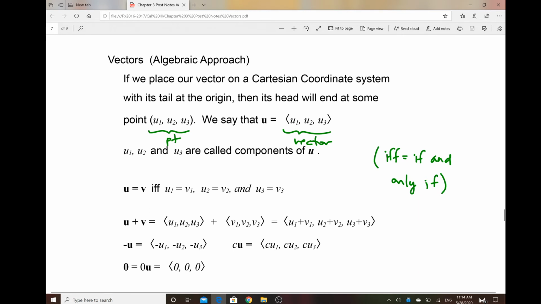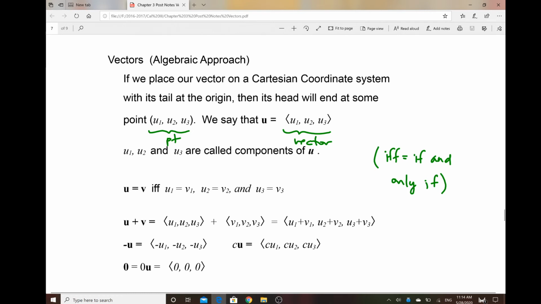This can be written as u1 equals v1, u2 equals v2, and u3 equals v3 if and only if u equals v. Using the addition property, u plus v would be <u1 plus v1, u2 plus v2, u3 plus v3>. Basically we just add those components correspondingly.